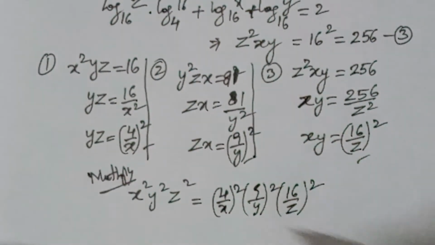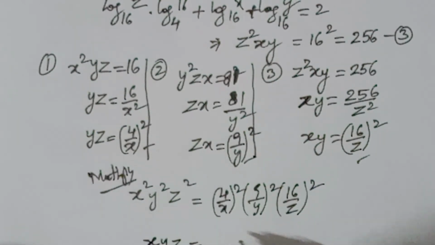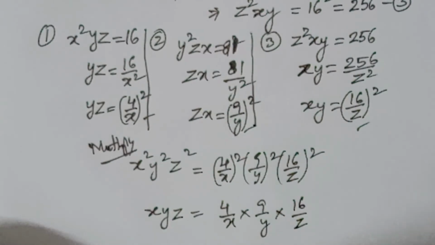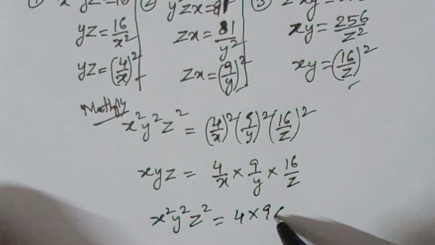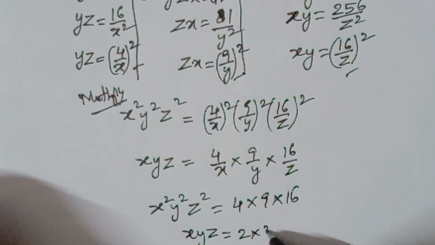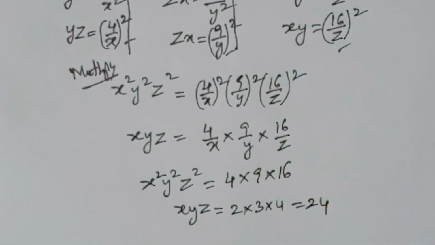From this, removing the square on both sides, xyz is equal to 4 by x into 9 by y into 16 by z. Cross multiplying, x square y square z square, you get xyz is equal to 2 into 3 into 4, that is 24. But still our target is x, y, z values.